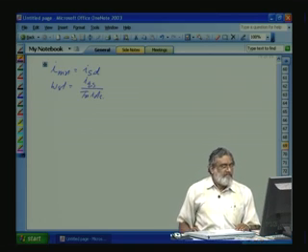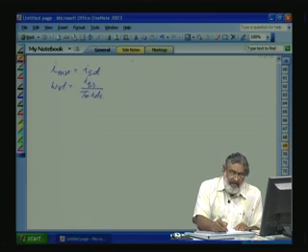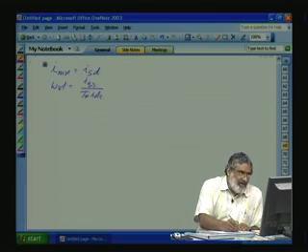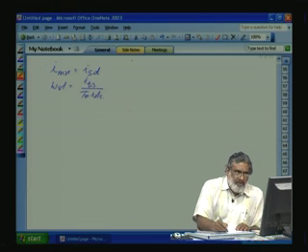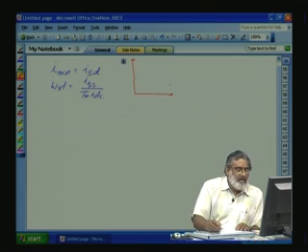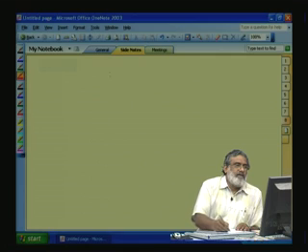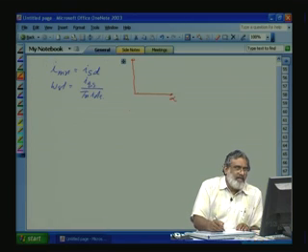Now, if you see our reference frame, this is our alpha, this is our beta, that we are transferring to a general rotating reference frame.